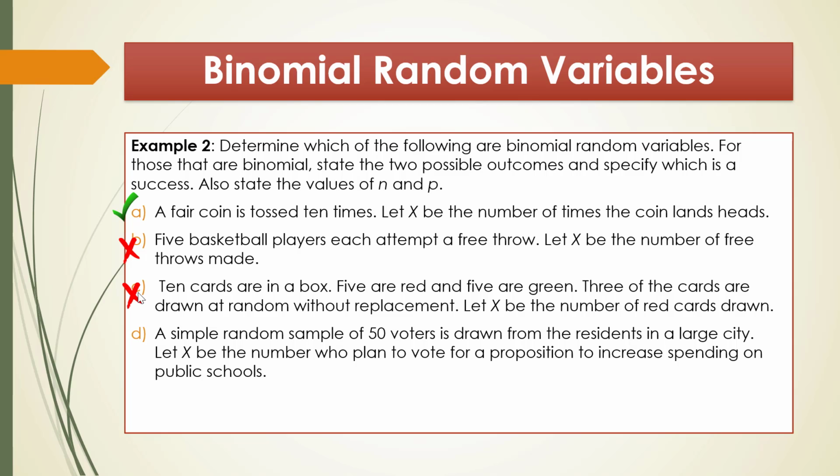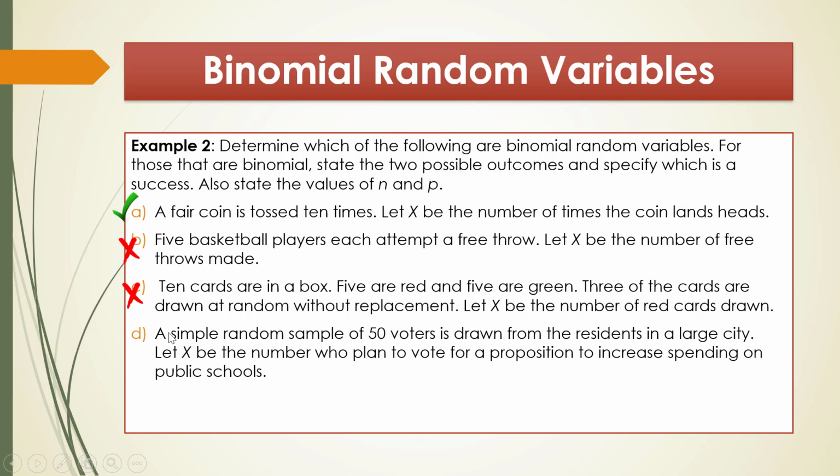Let's say voting for the proposition is success and not voting for that proposition is failure. So we have 50 trials and the probability of success is a fixed value as well. And here X is the number of successes.